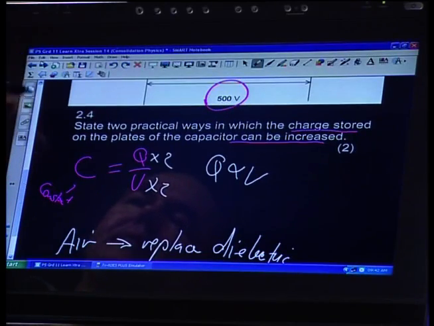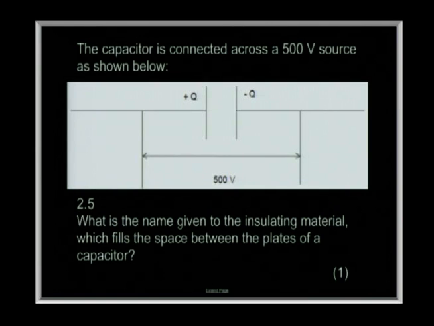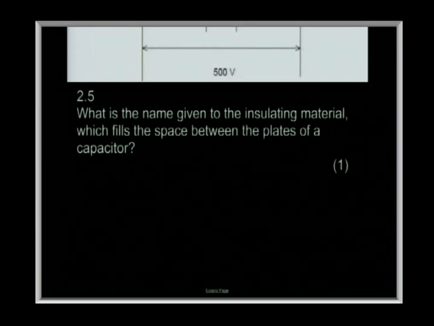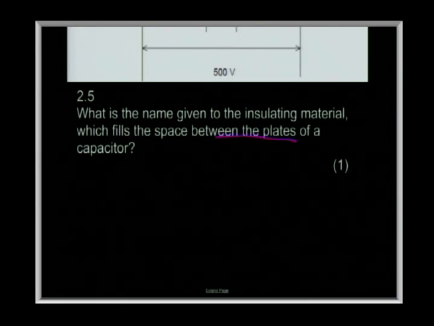It's going to allow the capacitor to store more charge. Now, another thing that you could do that's not terribly practical is obviously if you increase the area of the plates. A way of doing that is just connecting more capacitors, and that would obviously allow you to store more charge. So bear those things in mind. And the final question, I think, for this section is, what is the name of the insulating material which fills the space between the plates of a capacitor? Well, I've already said that. That's the dielectric.